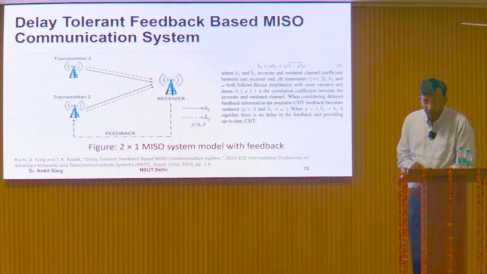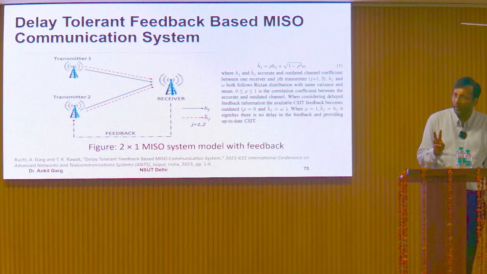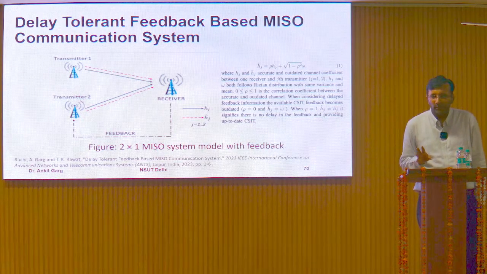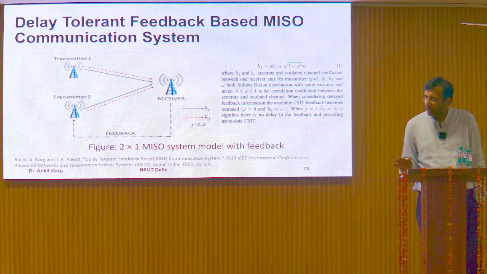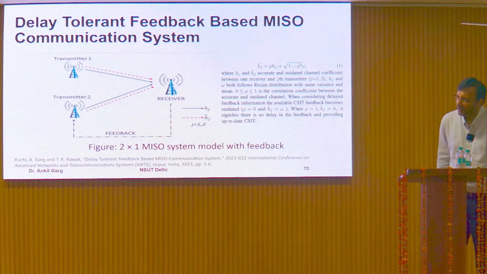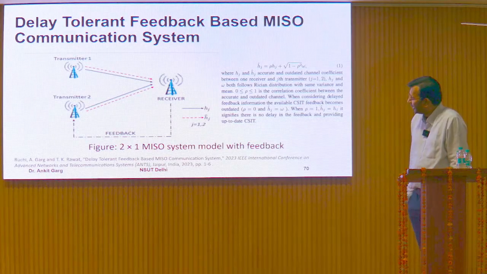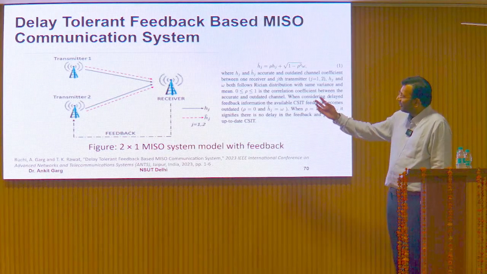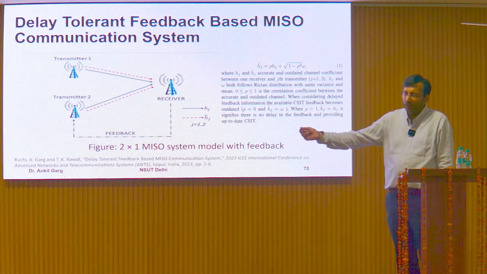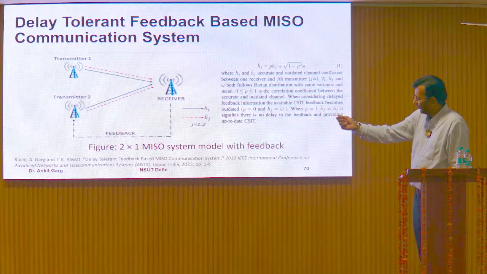Now, the second phenomenon, as I've told you, in a feedback technique, we have two challenges. One is imperfect feedback, error in the feedback, and second is delay in the feedback, right? So now we are looking to combat the second challenge where we have a delay in the feedback. What do you mean by delay in the feedback? We estimated a channel at the receiver, then look to pass this information to the transmitter through the feedback link, which would be a wireless link.